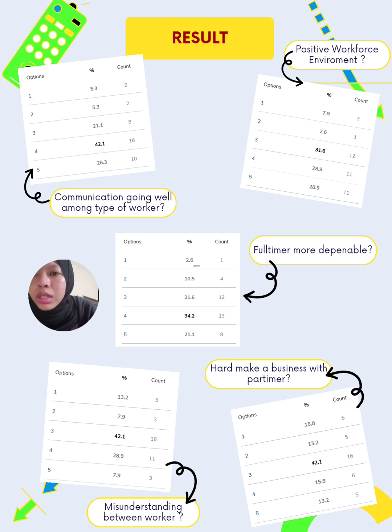Okay, we can see here the highest one is the scale of 3, which is 16 respondents, 42.1%, and the lowest is scale 2 and also 5, which is 3 respondents only, and it was 7.9%.